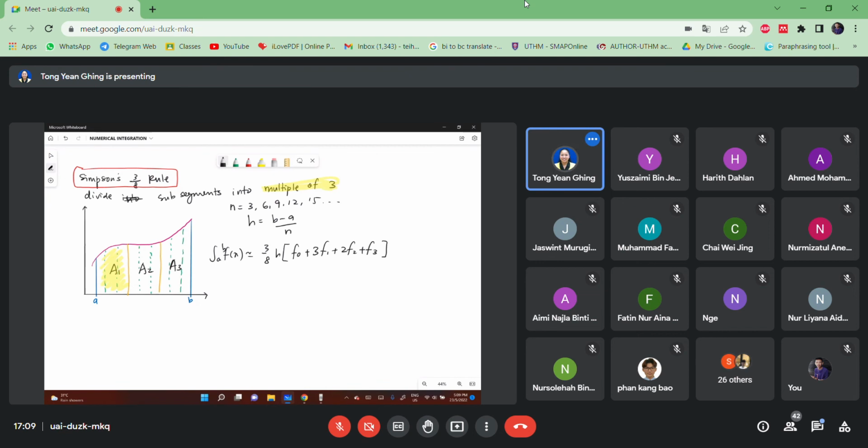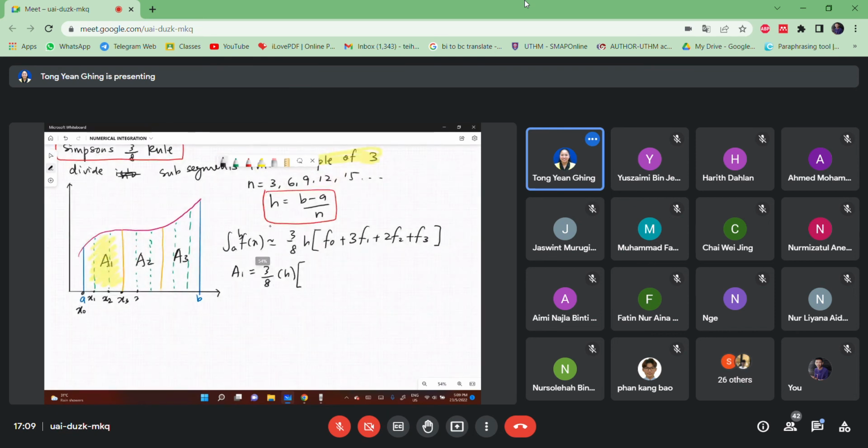So where, okay, start with the A1 first. Let's say A1. We have A1 3 over 8 times with H, the step size. If let's say not given, so we have to find the step size using this formula. Okay, and then this one, let's say this one X0, X1, X2, X3, X4, X5, X6, 7.